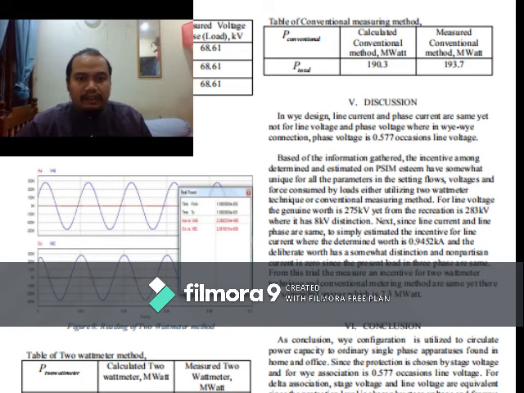For the line voltage, it was about 275 kV as the input, and the reading is 283 kV, an 8 kV distinction. From the wattmeter technique, I got 2.3 megawatt as the difference.